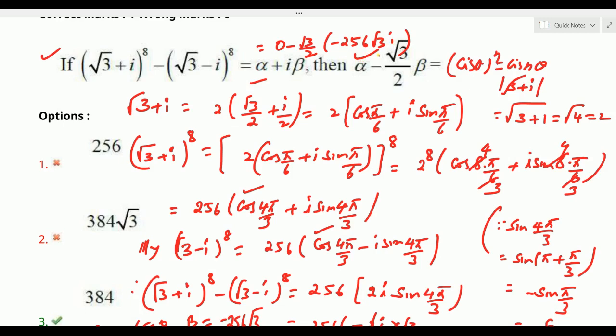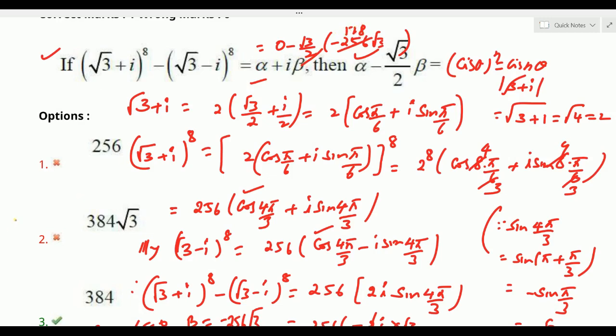Beta has an i in it, so the i in beta is missing. What we need is i beta, and the i is there. Alpha is 0, beta is minus 256 root 3, when compared with i beta. Therefore, 256 gets cancelled, 2 gets cancelled, 128 times.